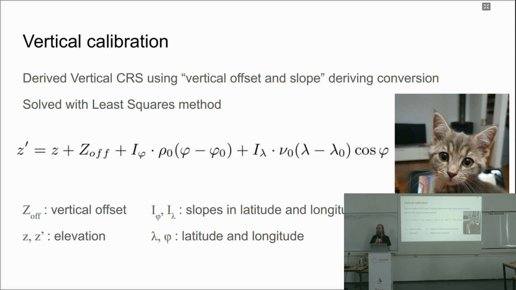So it's a linear system. We can solve it with a least squares method, and for that we need at least 3 points with a vertical coordinate.